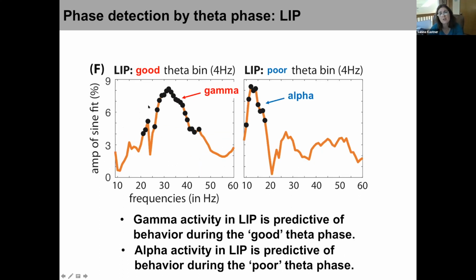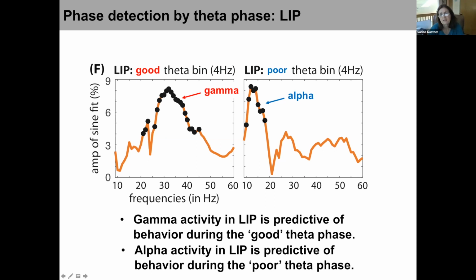In LIP, we also see higher frequencies associated with the good theta phase. And this gamma activity that we see here also sets up phase detection relationships. So gamma phase can predict behavior. And interestingly, in the poor phase, we see very prominent alpha activity, but it is predictive of poor behavior.